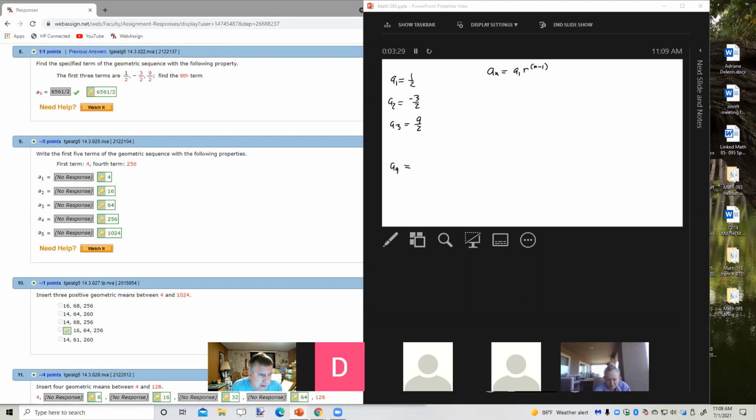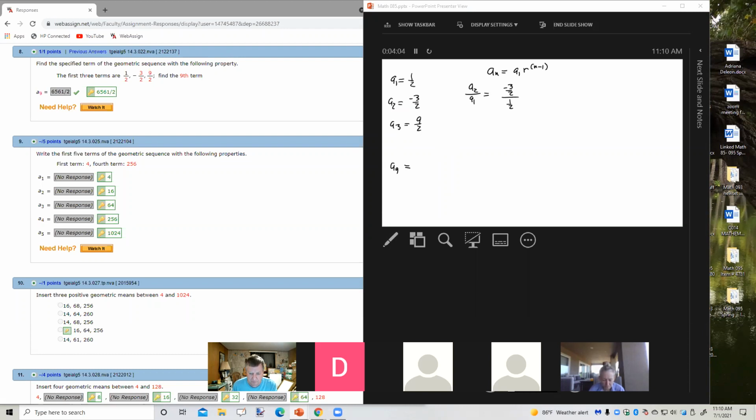Now, we don't know what r is yet, but in a geometric sequence, you can find r by taking any term in the sequence divided by the previous term. So I'm going to take a sub 2 divided by a sub 1, which is -3/2 divided by 1/2.